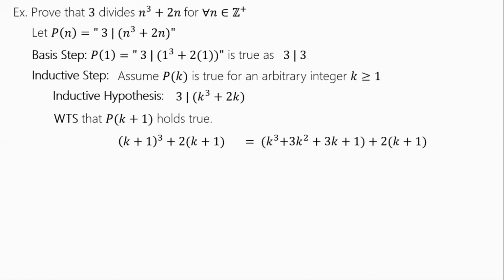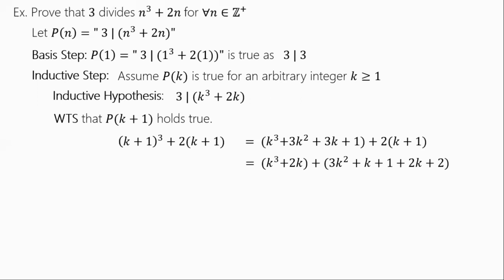And when I do that, I start to look around and say, okay, can I manipulate this to somehow use my inductive hypothesis? So I'm going to multiply all these things out, and I'm going to group together the k cubed plus 2k because I know my inductive hypothesis says, whew, that's divisible by 3. So that's kind of a relief. At least that part's taken care of.